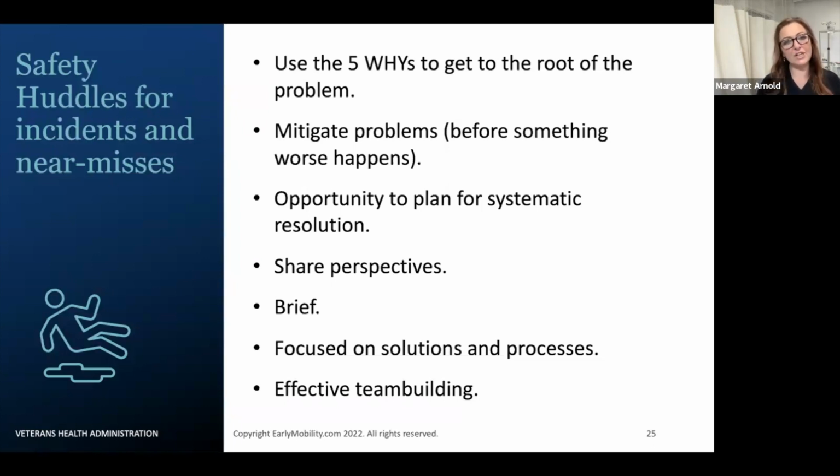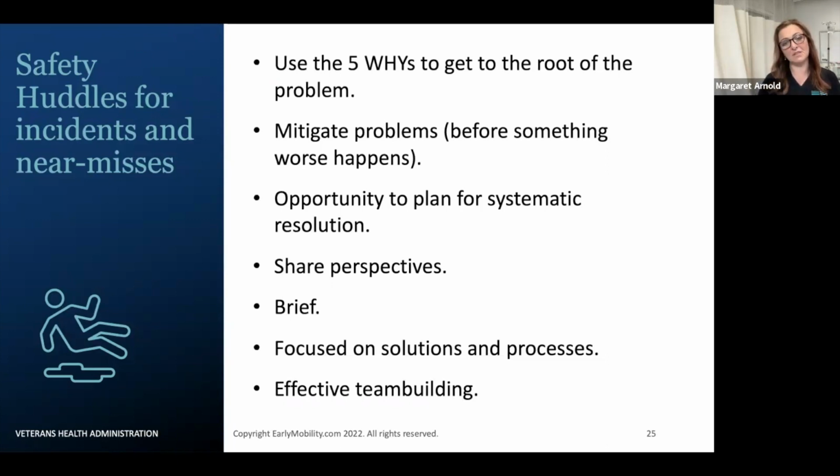And it's important to look at the system and not blame the individual who didn't use the equipment. There may be a very good reason. It might be that the sling wasn't available. It might be because your laundry process is not in place and all the slings were out in laundry. Maybe they didn't come back from laundry. Maybe somebody threw away a sling and didn't tell anybody. So we thought we had slings and who knew we don't have slings.